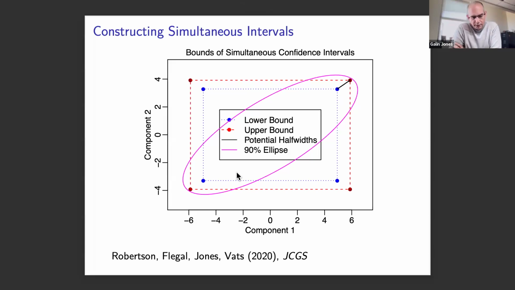So how are we going to use this to construct reasonable simultaneous intervals? The natural thing to do is just the good old-fashioned Wald-type intervals, which in this case are displayed in this 2-dimensional setting as the ellipse.